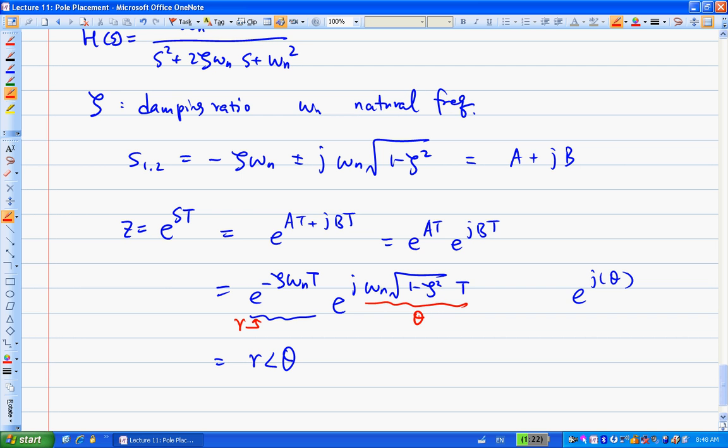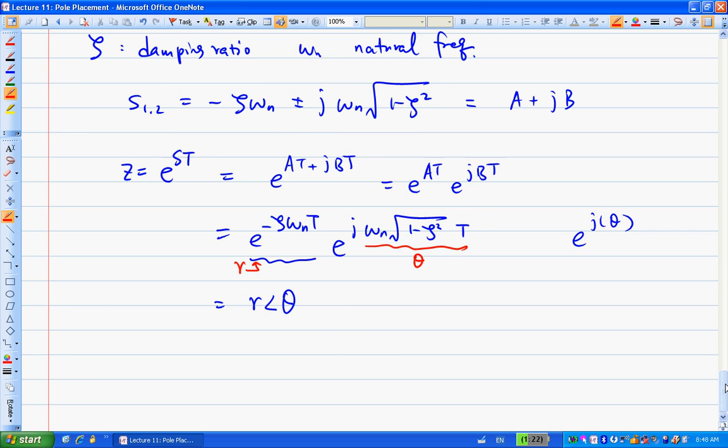In other words, the continuous system pole is mapped into the z plane at the location r angle theta. I should have mentioned the positive and negative.